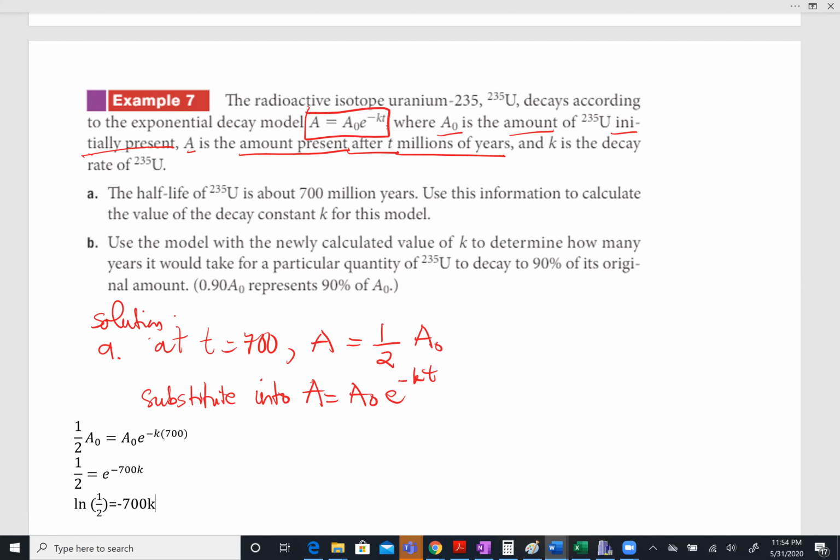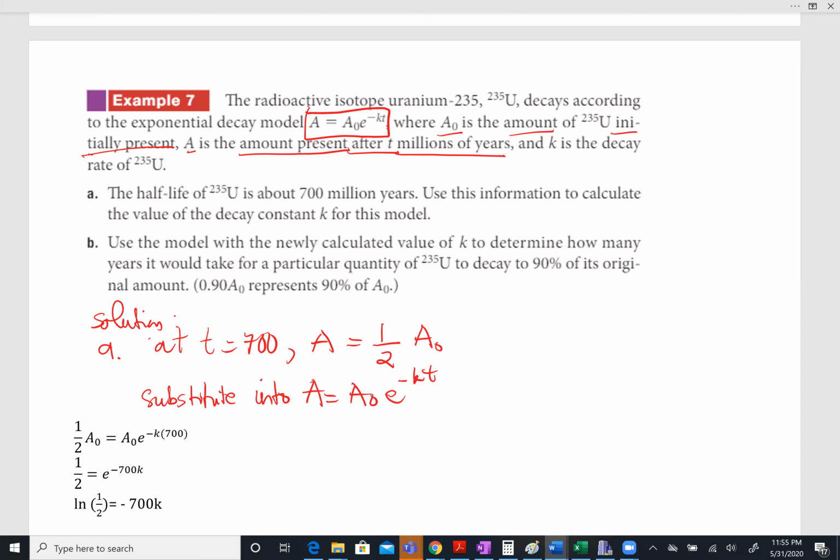Now that I have put down negative 700k, I can solve for k easily.